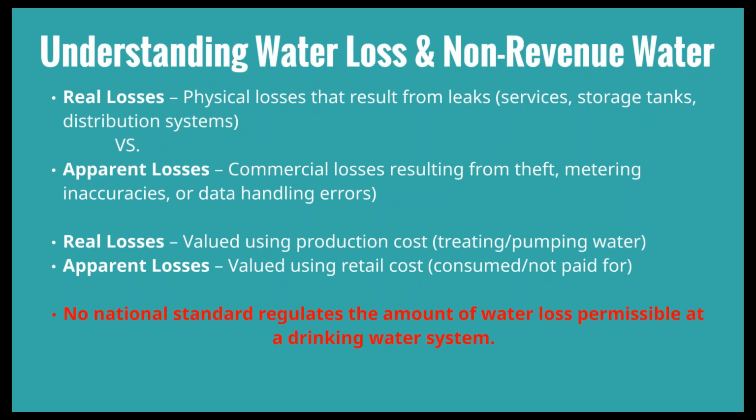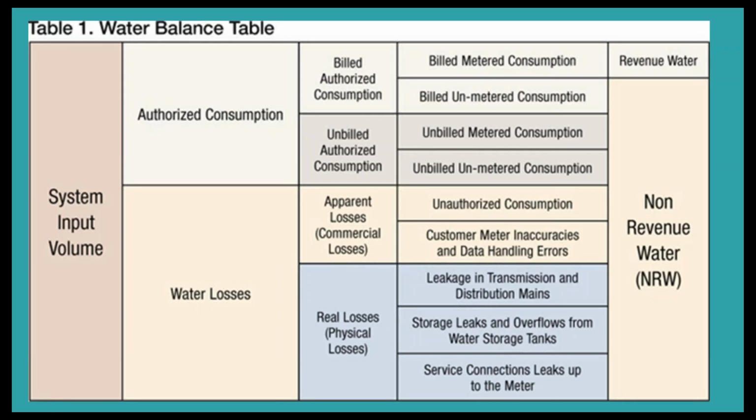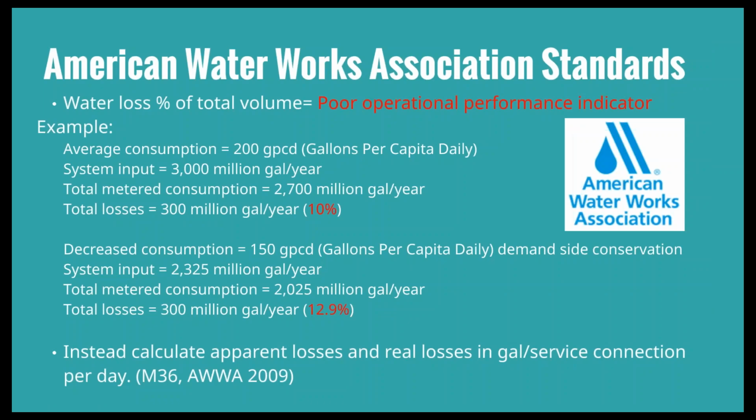So Mike talked about a lot of this. I'm not going to go through all of this, but real losses versus apparent losses. Well, this is the exact chart that Mike showed earlier, to identify authorized consumption versus unauthorized consumption.